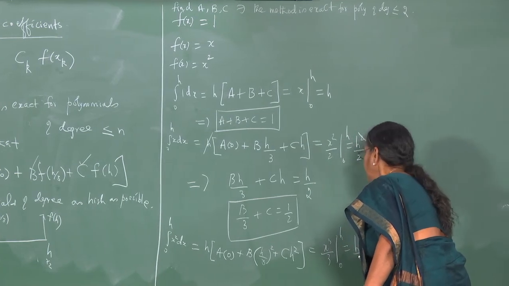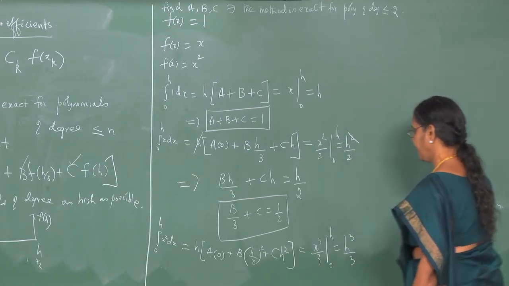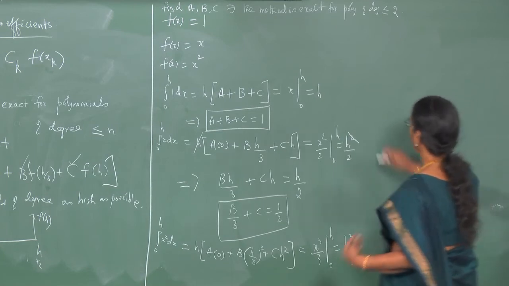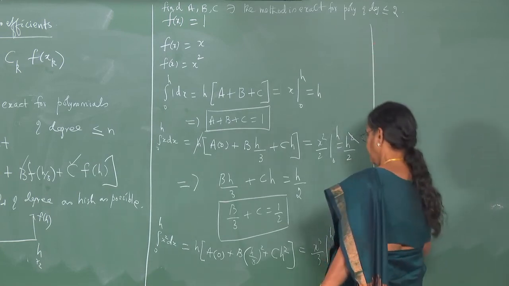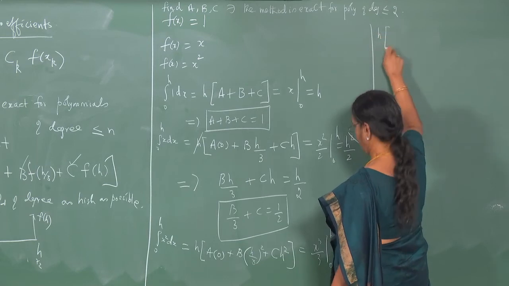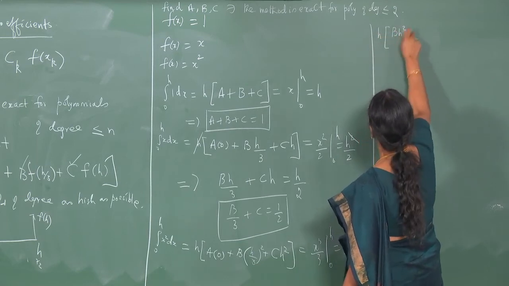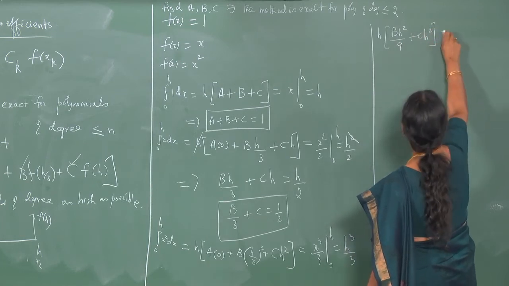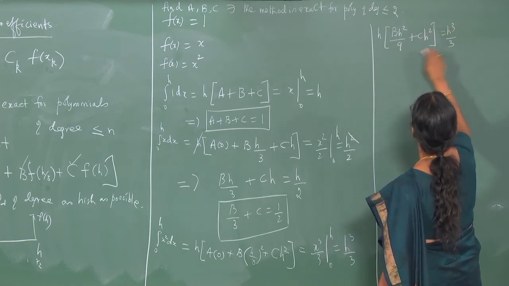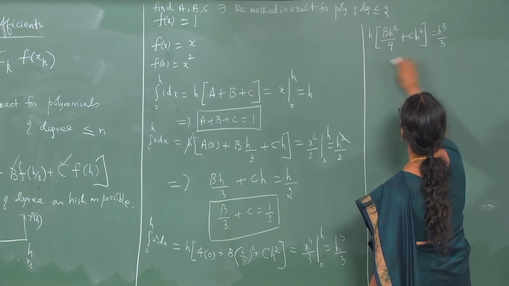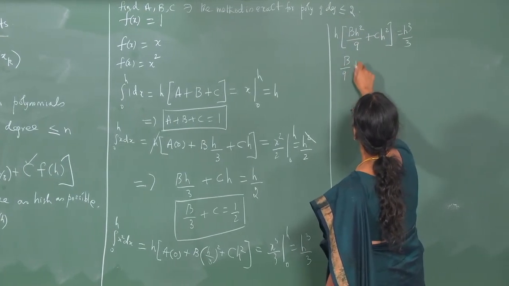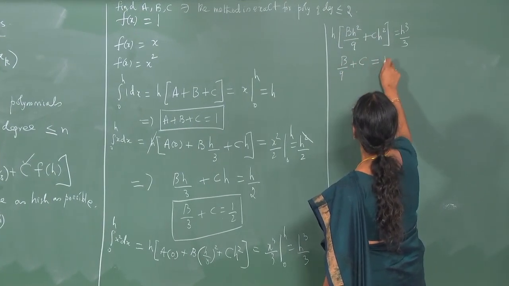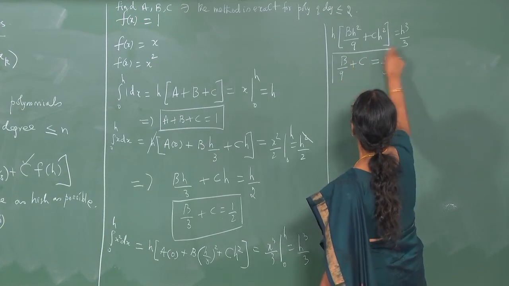So, it is h cubed by 3. So, that gives you h into b h square by 9 plus c h square is h cubed by 3. So, cancelling h cubed on both sides, we get b by 9 plus c is 1 by 3.